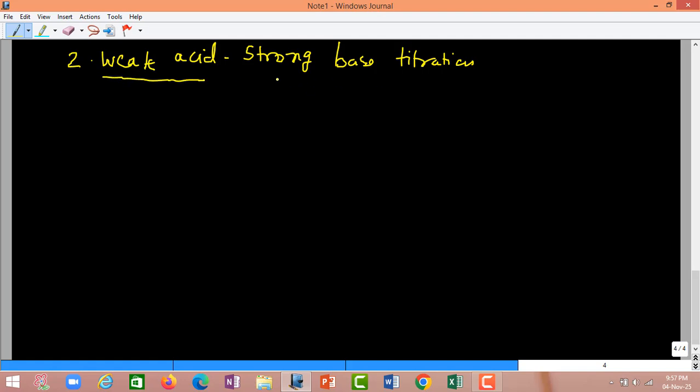The second titration is weak acid, strong base titration. Example for weak acid, strong base titration is the titration between acetic acid and sodium hydroxide.